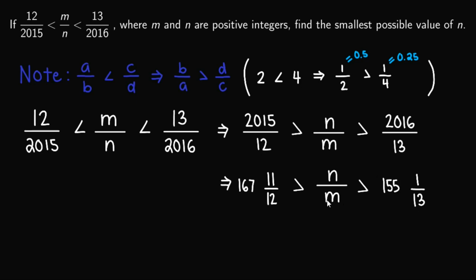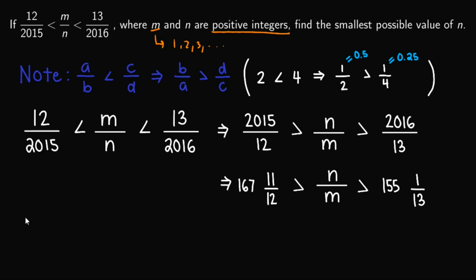First, take note that m is a positive integer. Then we know that m ranges from 1, 2, 3, and so on. When will n be at its smallest possible value? Well, the answer is if m is equal to 1. And why is that?